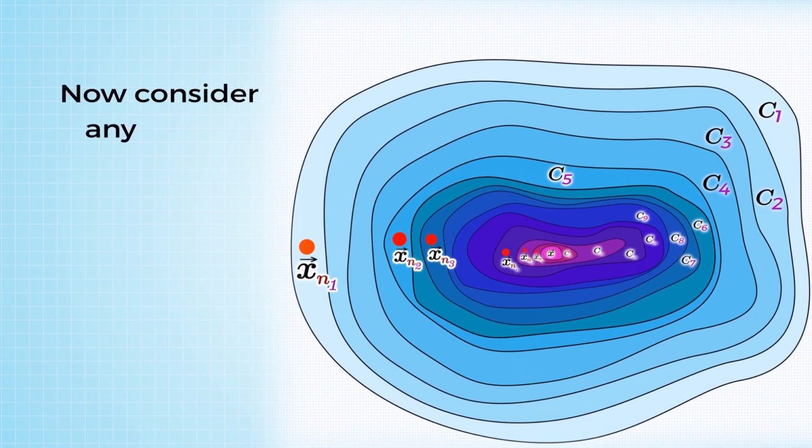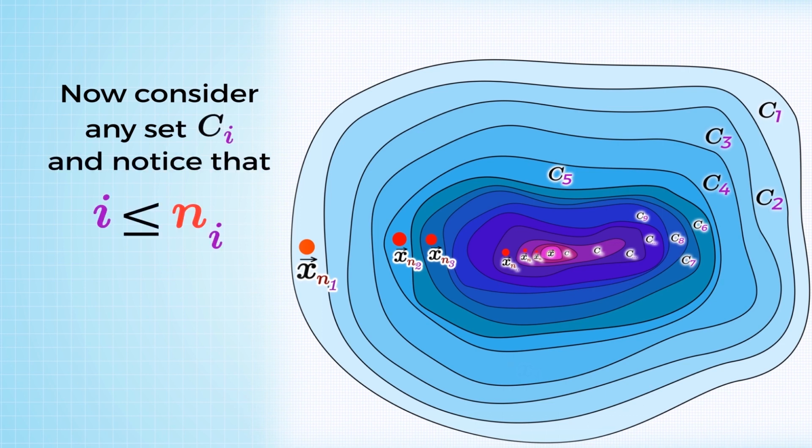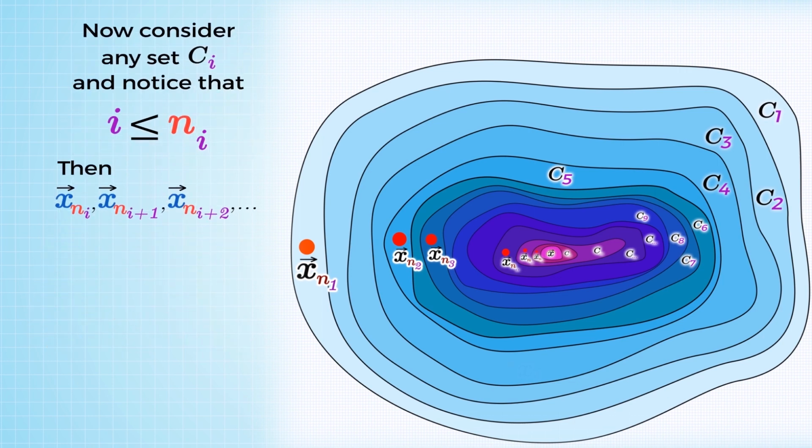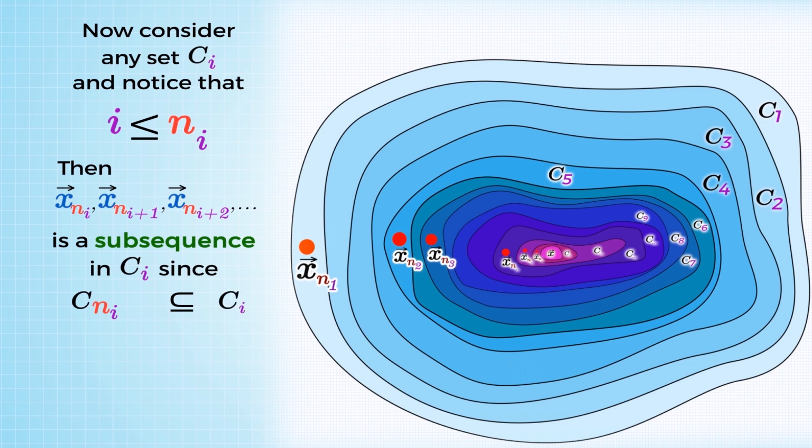Now consider any set C_i, and notice that i is less than or equal to n_i. Then x_{n_i}, x_{n_i + 1}, x_{n_i + 2}, and so forth, is a sequence in C_i, since C_{n_i} is contained in C_i, C_{n_i + 1} is contained in C_i, C_{n_i + 2} is contained in C_i, and so forth.